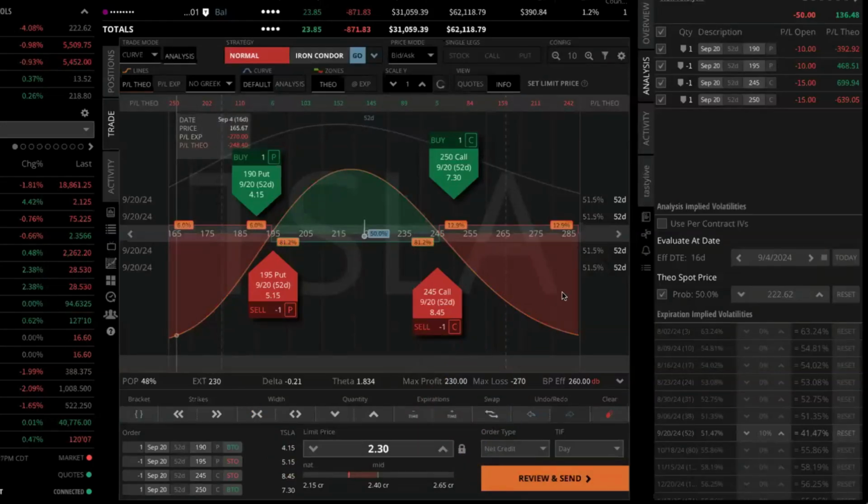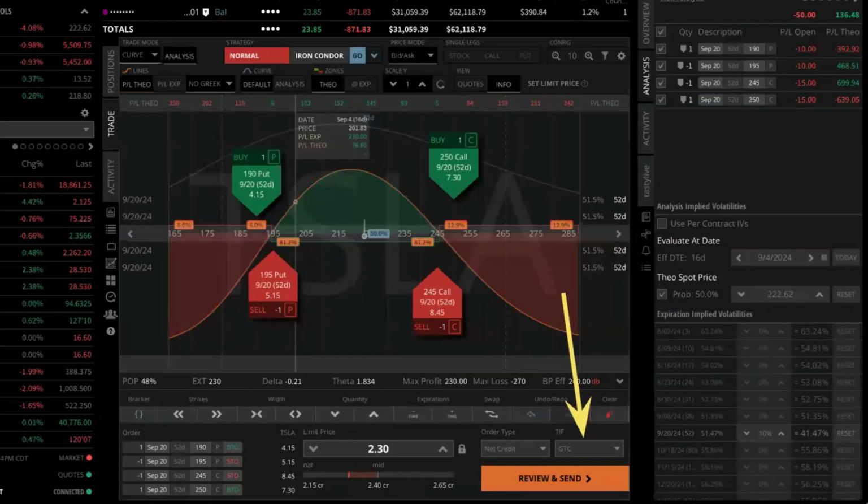And we can also set the time in force. So in this case, since the market is closed, we'll need to set it as GTC or GTD. GTC stands for good till canceled. This means that our order is going to continue working until it's either filled or you manually cancel it. So imagine we wanted to maybe open this spread up for a credit of $3, but it's trading right around 250.